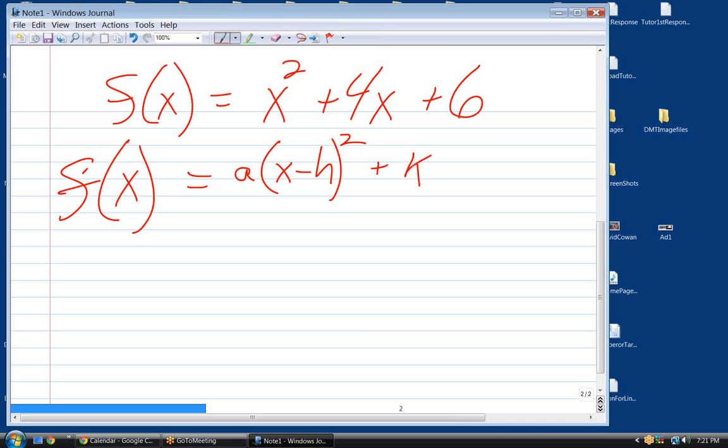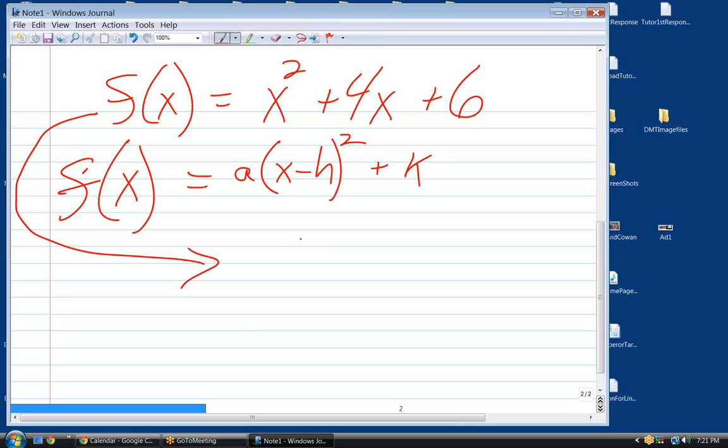If we can get this function into this format, then we'll know what h and k are, the vertex. So we'll know what the vertex is. But in order to switch this function into this format, we need to complete the square. So let's go down here and talk about completing the square.